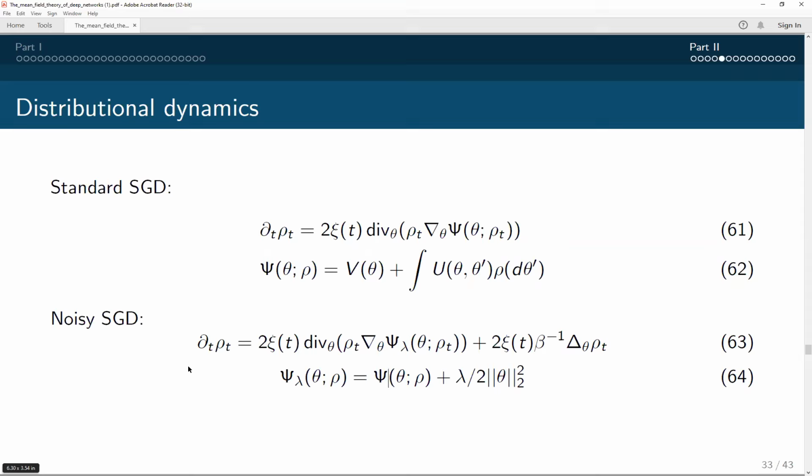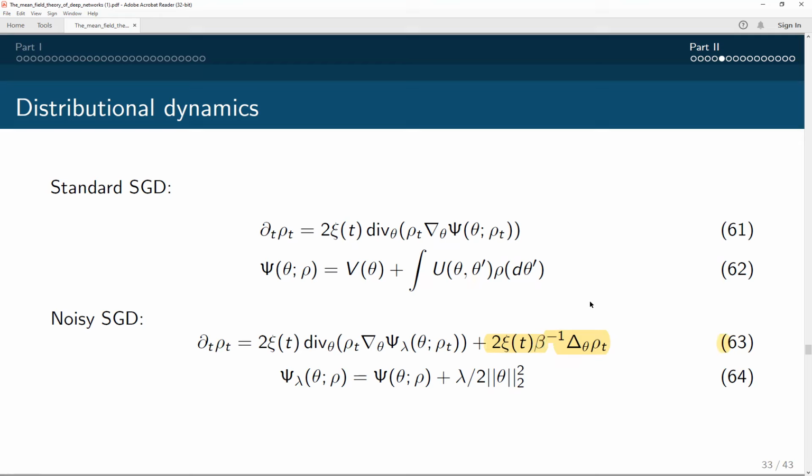It describes the evolution of the probability density under some stochastic differential equation that is equivalent to SGD, right? Yes. And the equation on top, 61, is the same but without noise, and it's basically a continuity equation. So there is a flux, an equation that describes the flux of probability. Well, I guess 63 can also be considered a continuity equation.